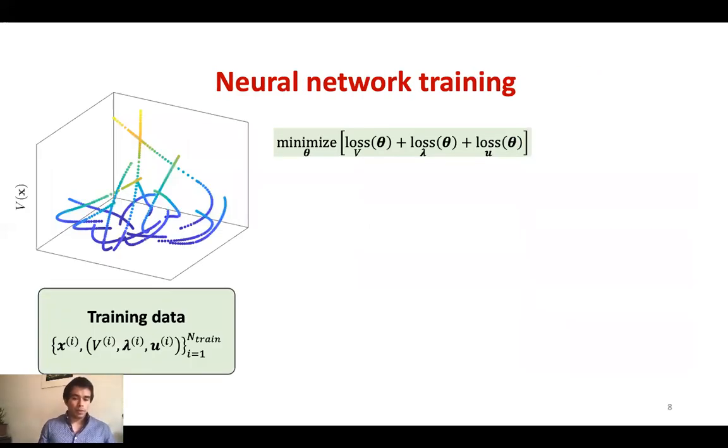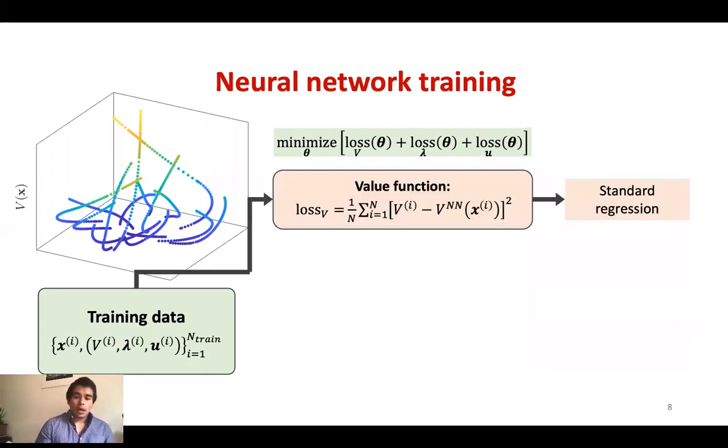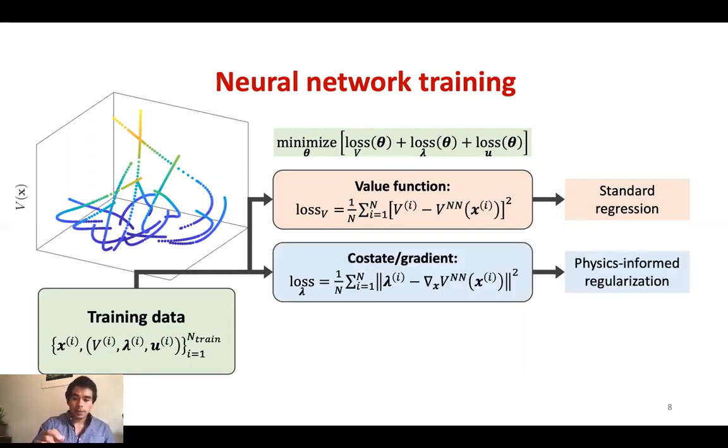Next, let's talk about how we train them. We have a set of training data that we talked about before by solving those boundary value problems. And we're going to minimize this loss function, which has three parts. The first term is just a loss V. This is a standard regression, mean squared error, where we try to match those value function data at every point. The next is a physics-informed regularization, where we try to learn the co-state or the gradient. And remember, that data comes for free every time we solve the boundary value problem.